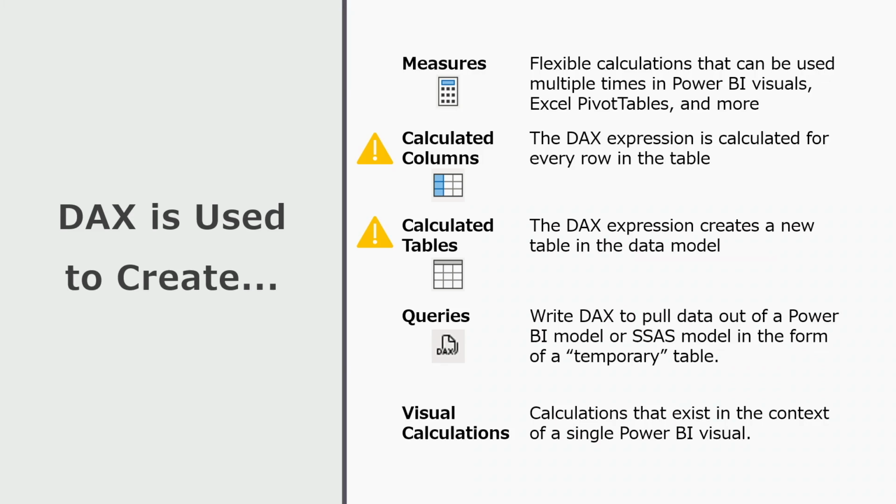Like I said, you've got to be aware a little bit of calculated columns, and for that matter, calculated tables. The reason for that is because calculated columns and calculated tables don't get the same benefits of columnar compression that you would get if you, say, wrote an additional column in a SQL view and then imported that data into Power BI.